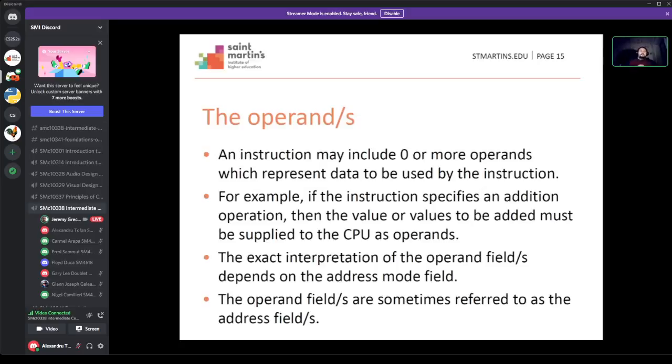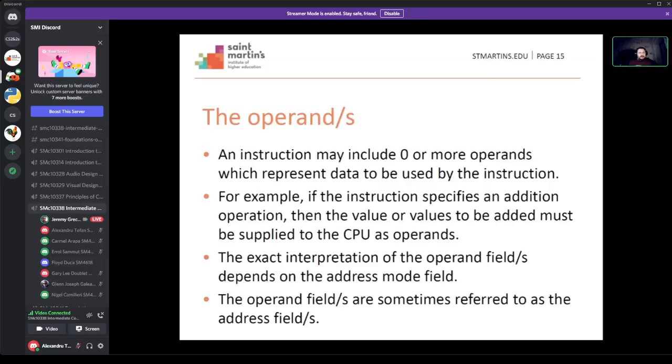Meaning that if the instruction is saying, listen, the operand that I'm passing to you is actual data, and I pass it the value of 5, then it means that I am going to use the value 5 within my calculation.